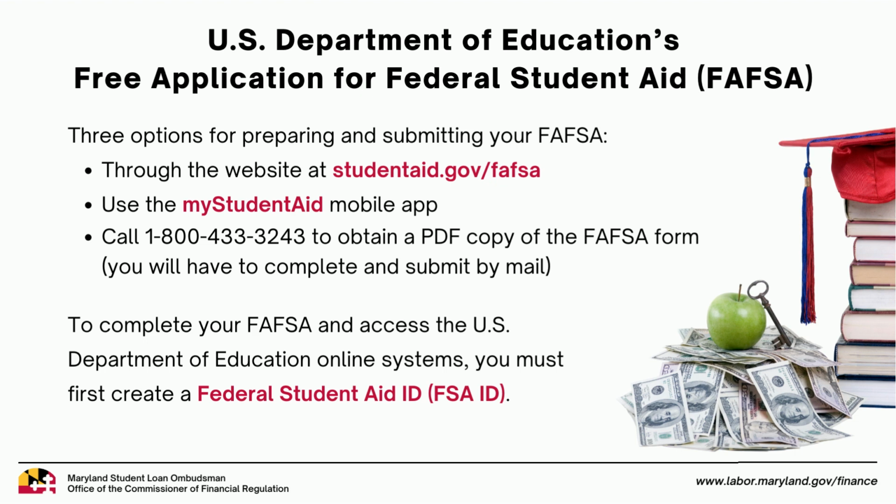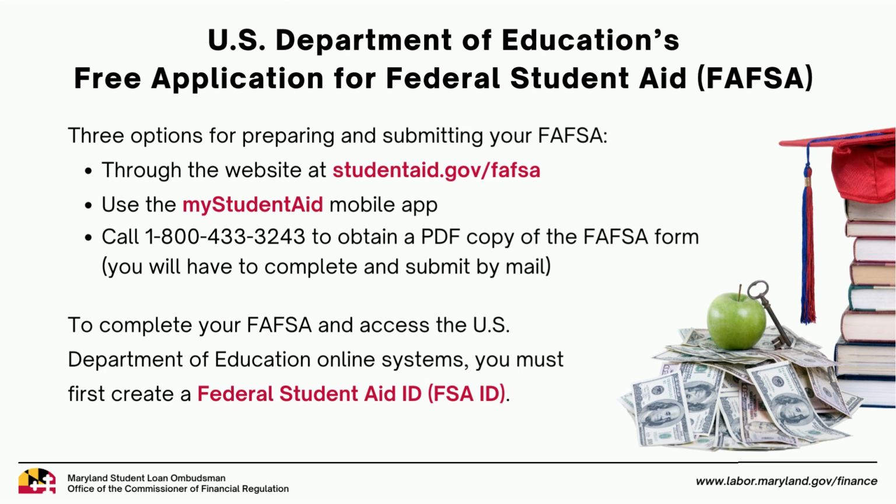Students have three preparation options: online at studentaid.gov/FAFSA, by using the My Student Aid mobile app, which is available for download on the App Store or Google Play, or by calling 1-800-433-3243 to obtain a PDF copy of the FAFSA form, which you can then complete, print out, and submit by mail.